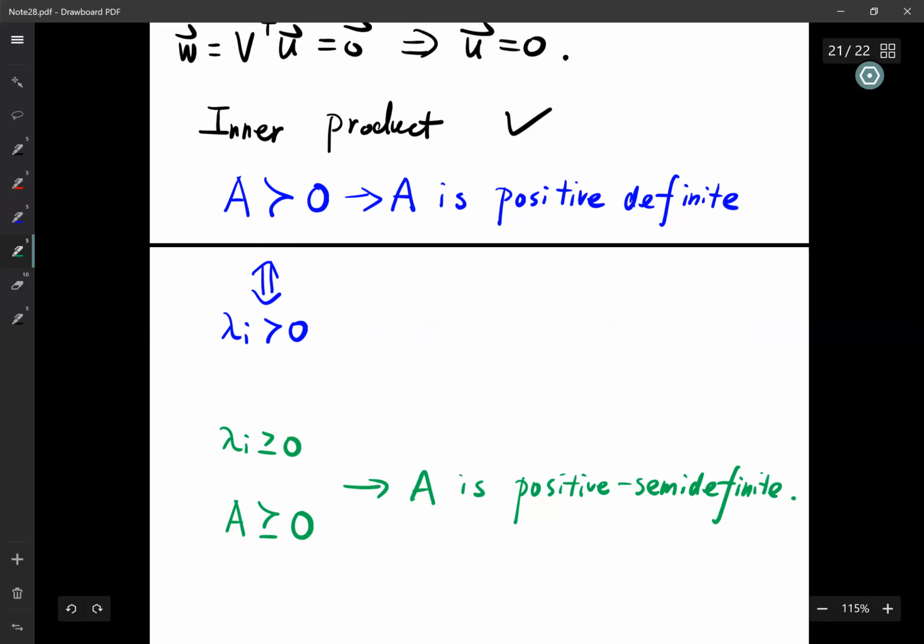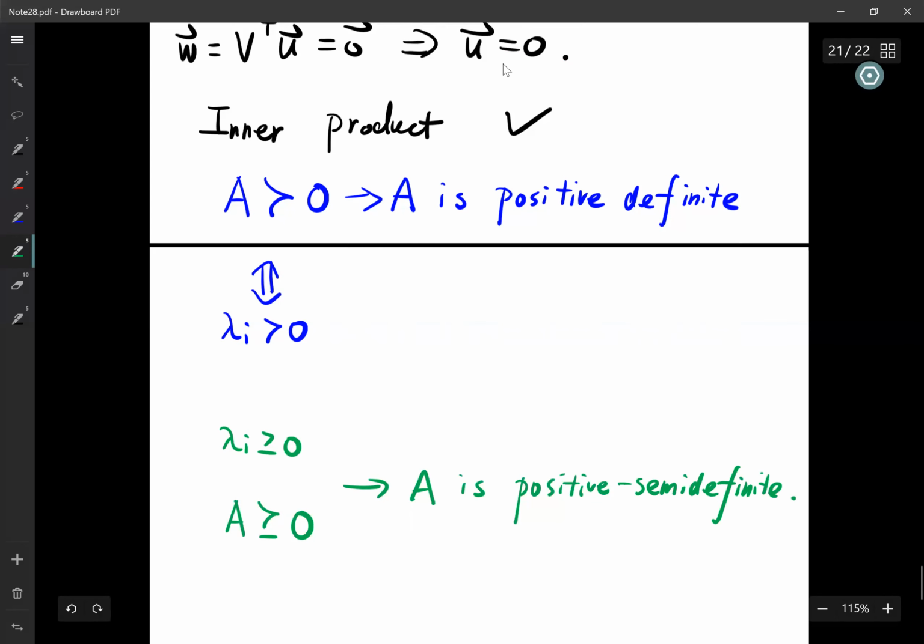Positive definite matrices and positive semi-definite matrices play an enormously important role in many fields, especially, for example, if you take a course on convex optimization, which is all about all sorts of positive definite matrices. Any question?